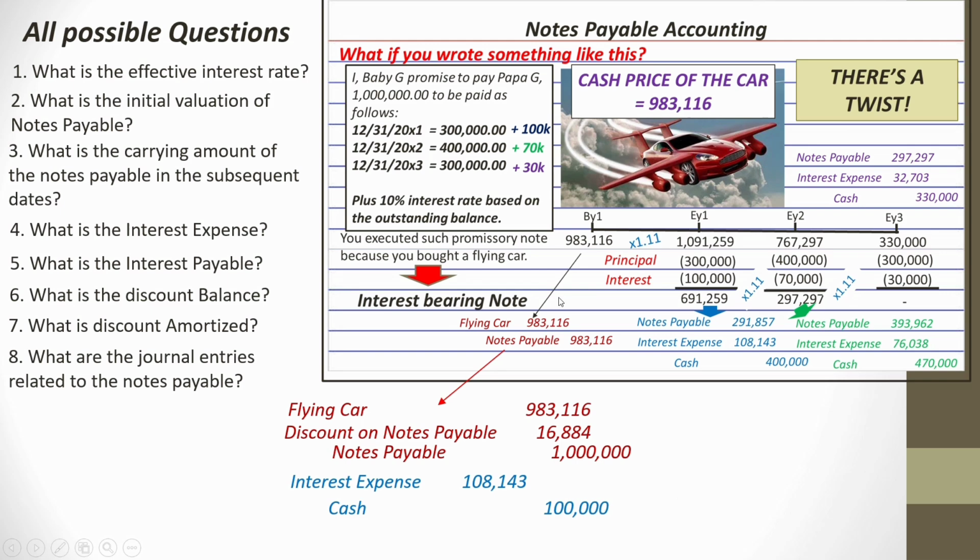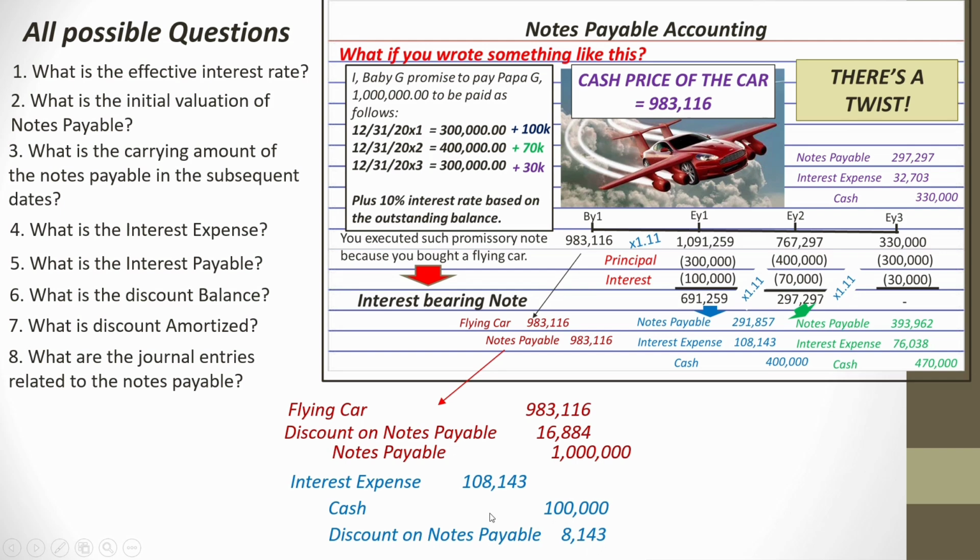Because again, that's the agreed interest payment based on 10% of the outstanding balance, right? So what's the balancing figure, you say? The balancing figure is the discount on notes payable account, and the amount will become 8,143. Okay? So this particular entry, this 8,143, features the discount amortized in year 1.